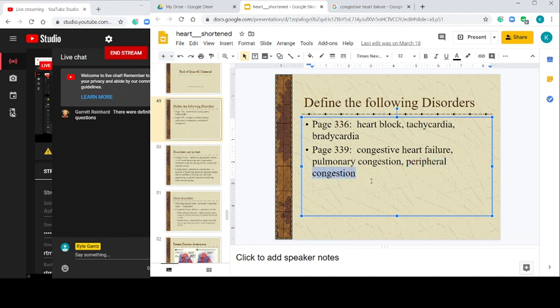Okay, so when people die from congestive heart failure, a lot of times what ends up happening is they drown. They're drowning in their own fluid. Their lungs fill up with fluid, and it takes away the ability for them to exchange air, and therefore they basically drown.